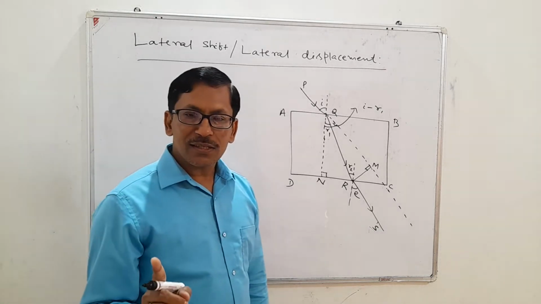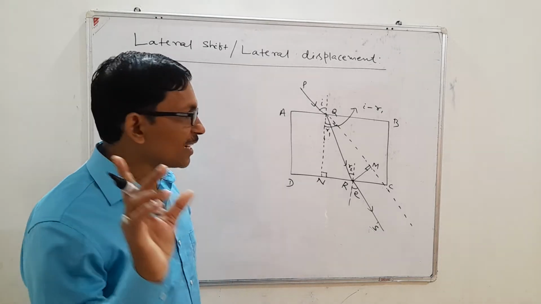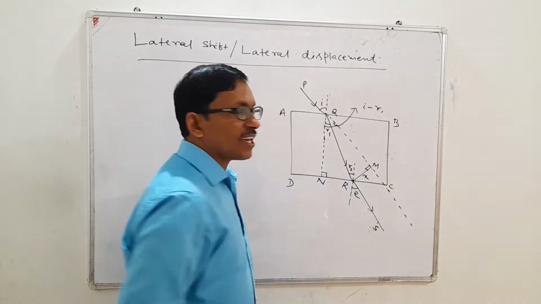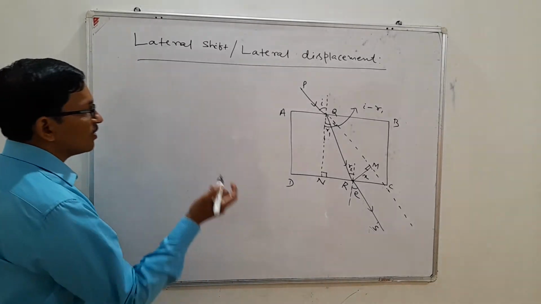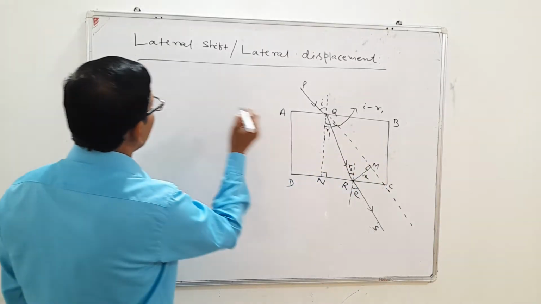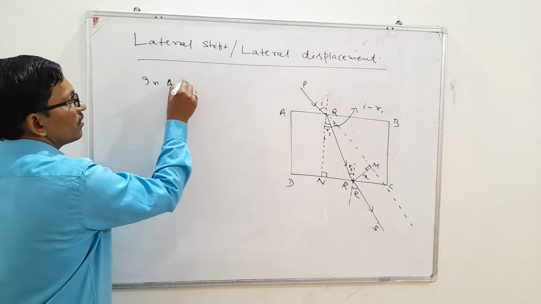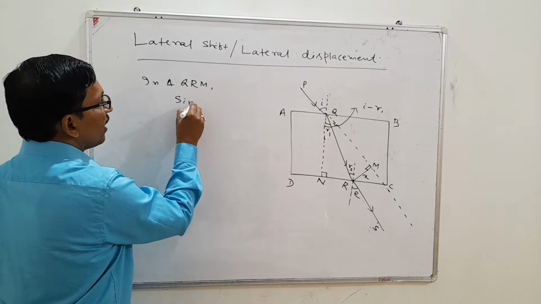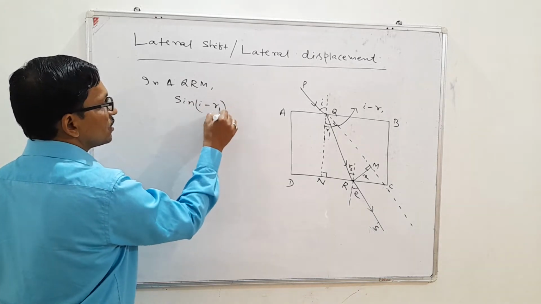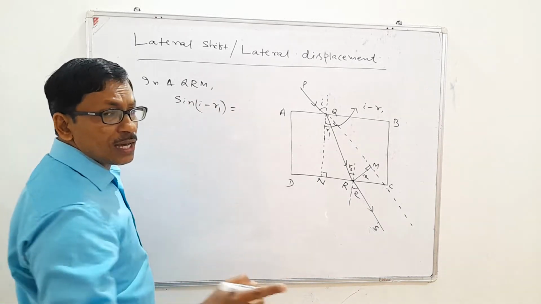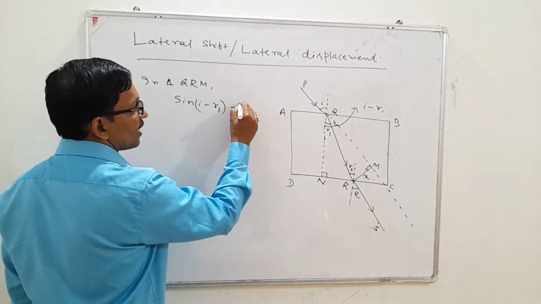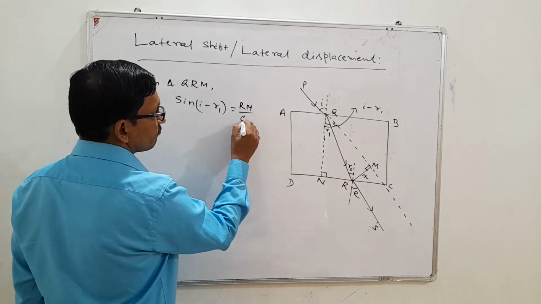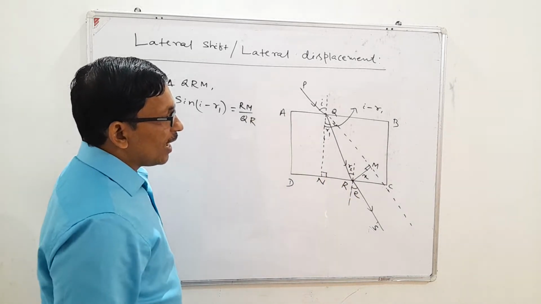Then I want to find the expression for lateral shift. Here in this diagram, RM is the lateral shift. Let me write it as X. See children, in triangle QRM, sin (I minus R1) is equal to RM divided by QR.